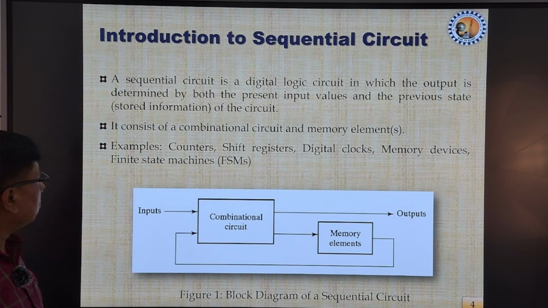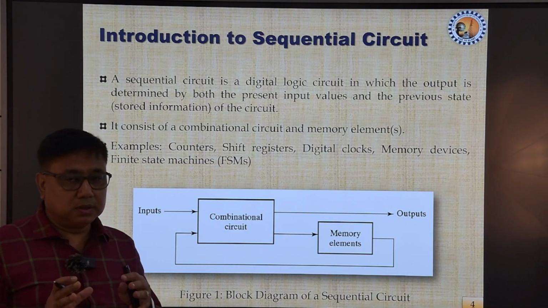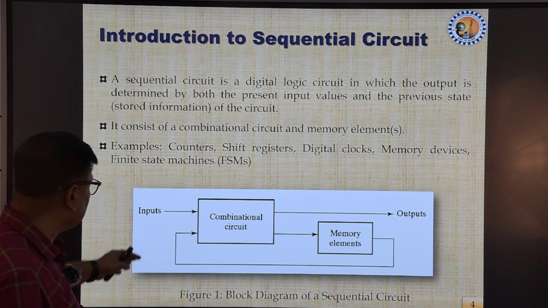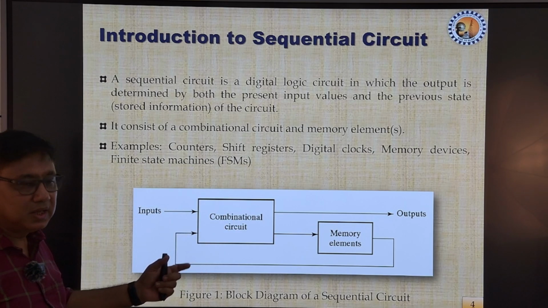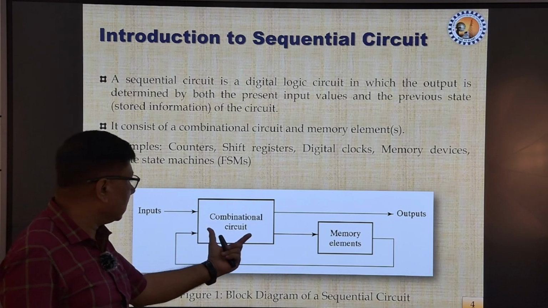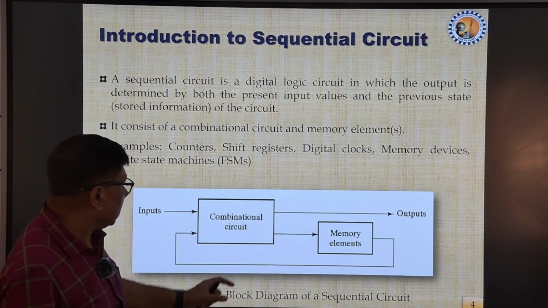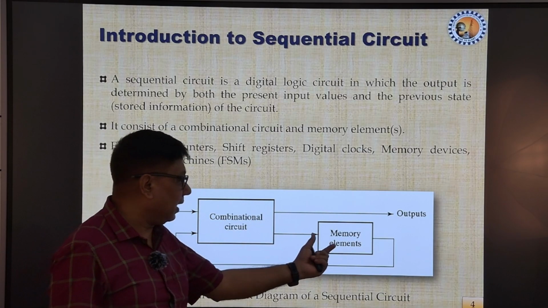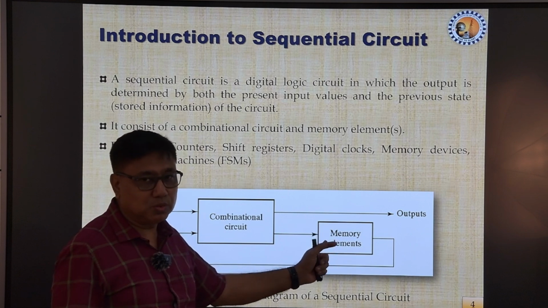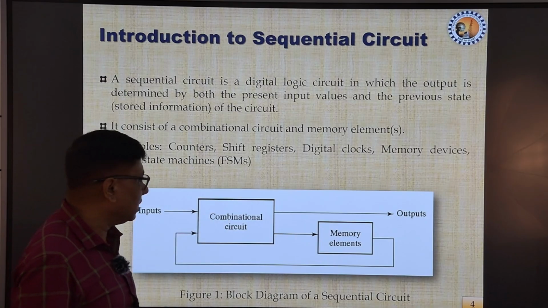First of all, we will talk about the sequential circuit. The basic composition of the sequential circuit is described by this figure, where we can see there is a combinational circuit and there is a memory element. Now, the essential thing of a sequential circuit is to have a memory element, at least one, it can be more than one, and there can be some combinational circuit.